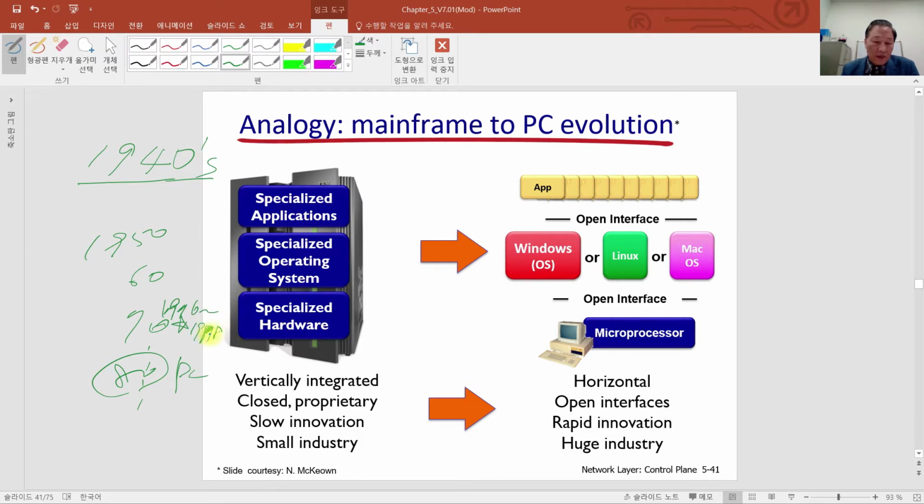And later around 1983, Microsoft's OS and IBM's hardware, IBM introduced a personal computer in the world.